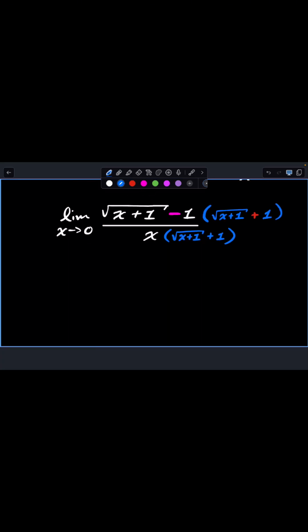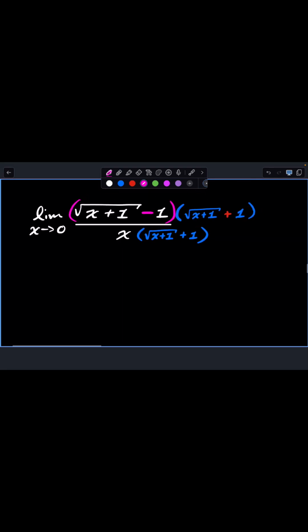Now, we're going to rationalize by foiling. If you notice here, the numerator is technically a difference of squares. If I multiply the numerator out, the square root of x plus 1 times the square root of x plus 1 cancels the square roots, and we get x plus 1.